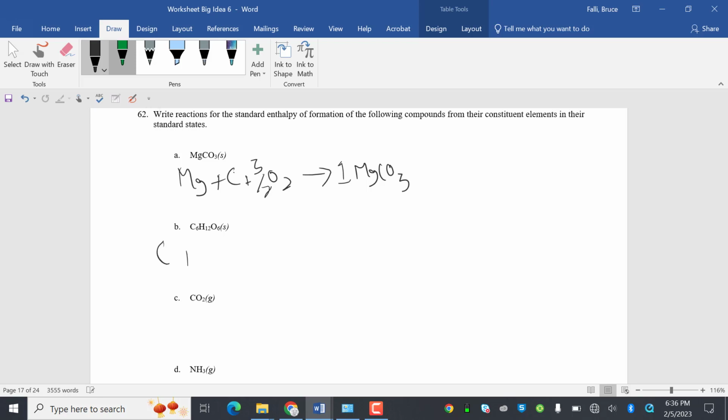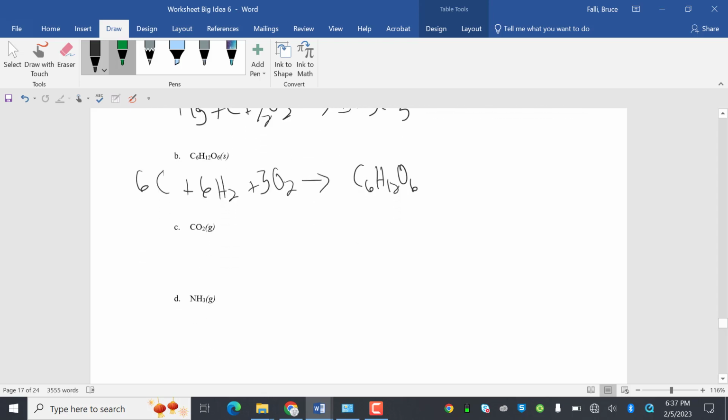C6H12O6: carbon plus H2 plus O2 yields C6H12O6. I need 6 carbons, 12 hydrogens, and 6 oxygens. Carbon plus O2 yields CO2.